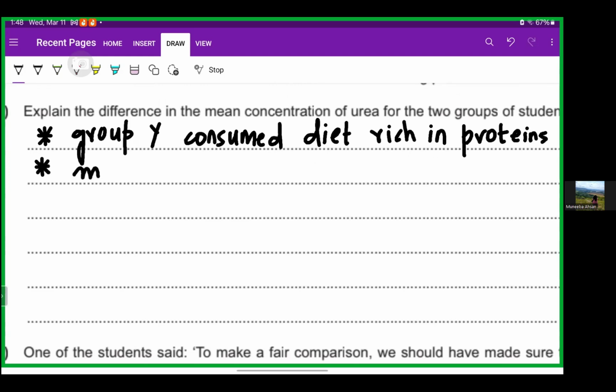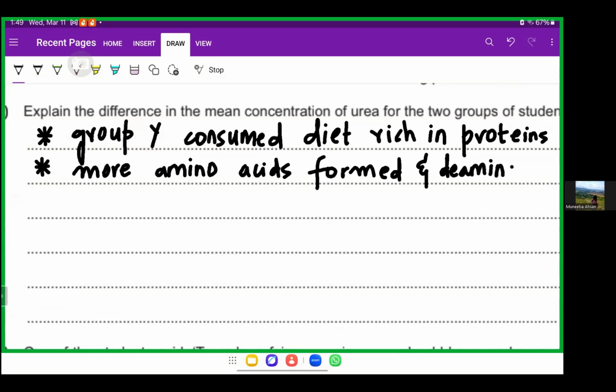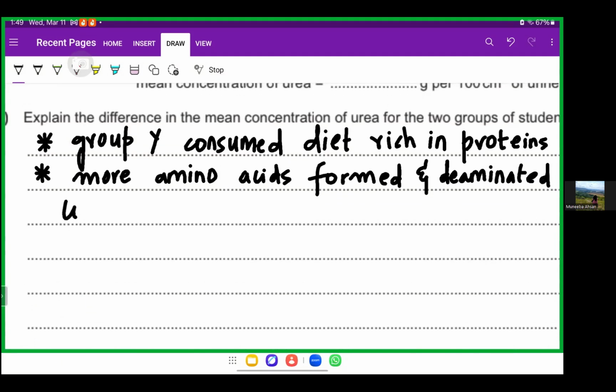More amino acids are formed and deaminated to urea.